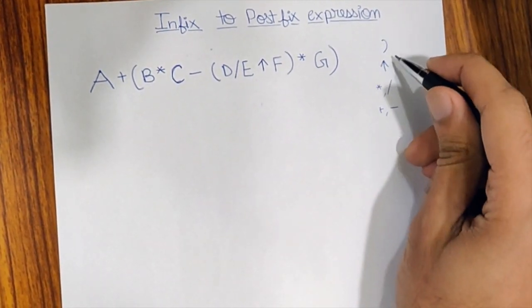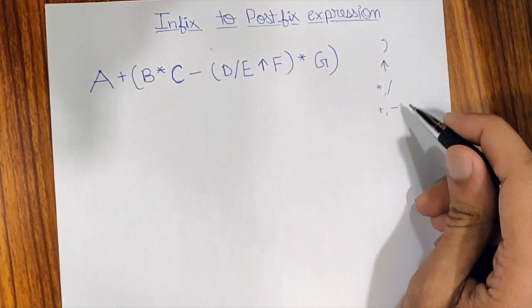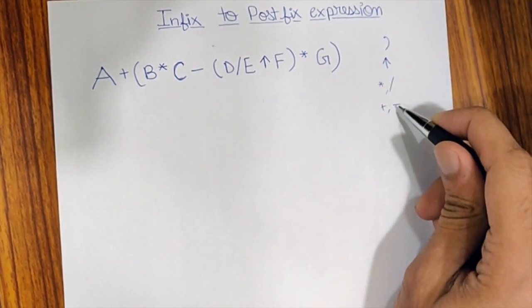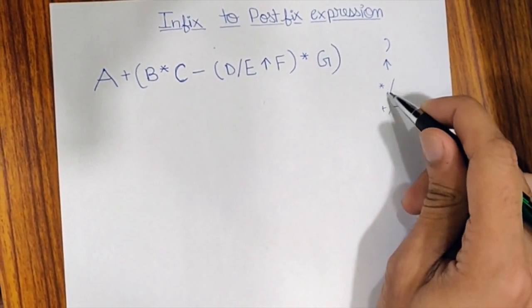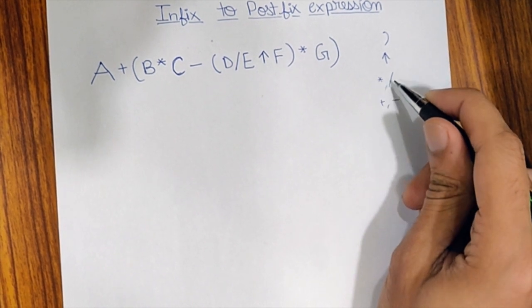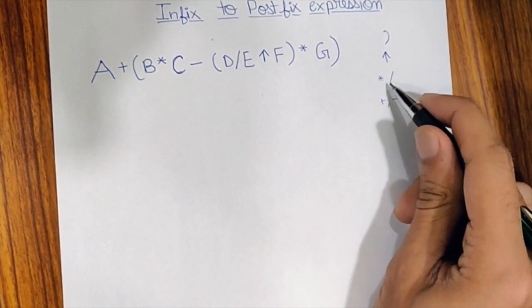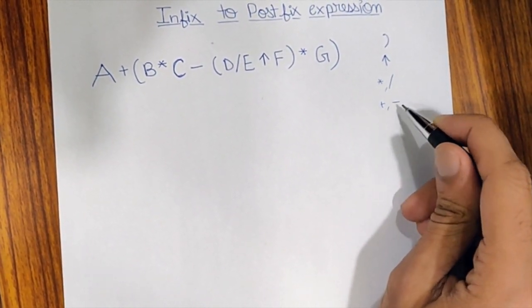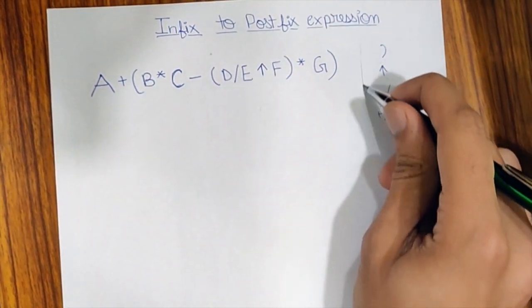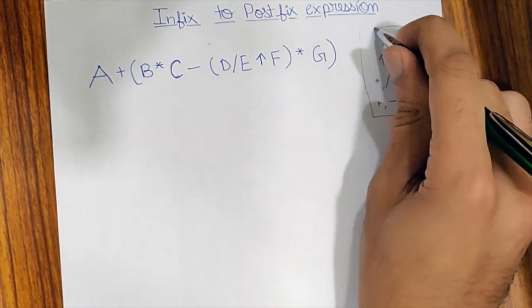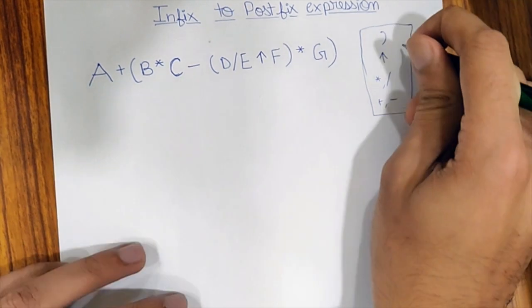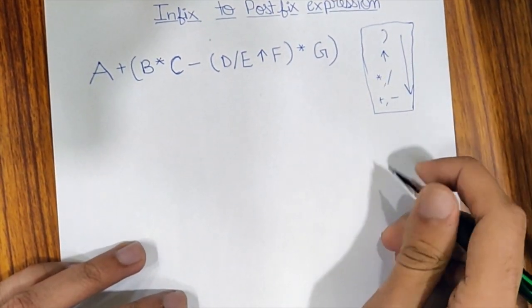This is a descending order from top to bottom. This is the most favored, this is the least favored. Star and divide are on the same level. Similarly plus and minus are on the same level. So you've got to remember this precedence from top to bottom.